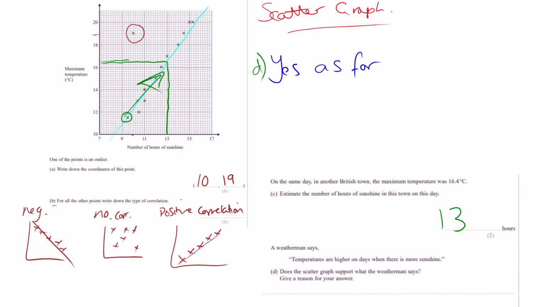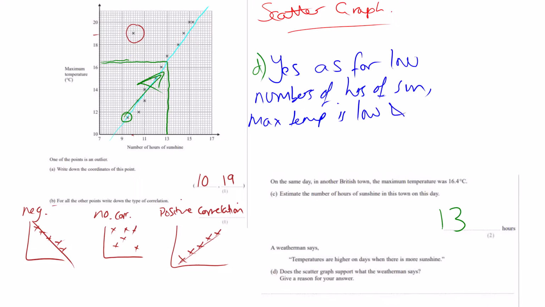As for the reason, let's put: for low numbers of hours of sun, max temp is low and increases as number of hours of sun increases.